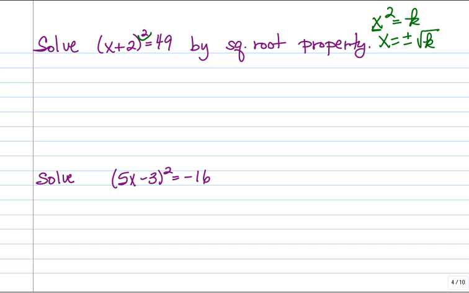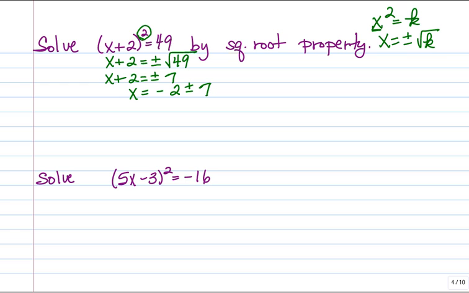So if I want to remove the square on this x plus 2, I would have to do it this way. X plus 2 is equal to plus or minus the square root of 49. So therefore we get x plus 2 is equal to plus or minus 7, right? Square root of 49 is 7. Now we can subtract the 2, so we get -2 plus or minus 7.